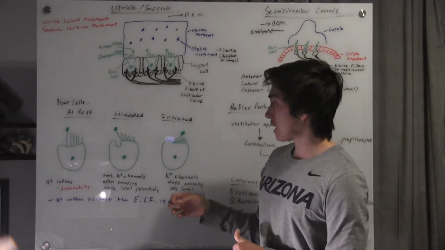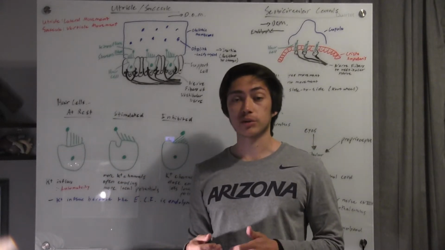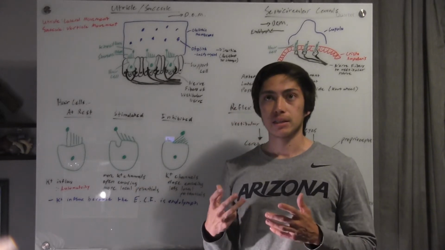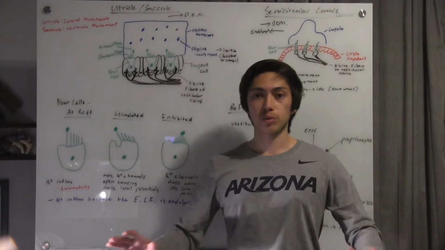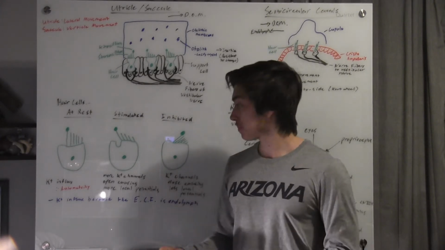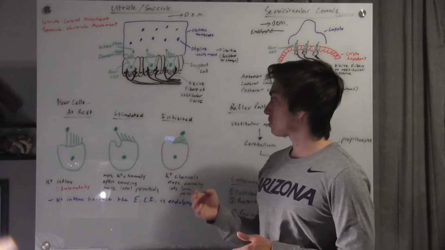Okay? And why it's important that this is happening at rest is because that generates automaticity. And what that means is that there are always going to be local potentials happening, even when we're just standing still, so that we can interpret, oh, okay, I'm not moving. And that's really important.